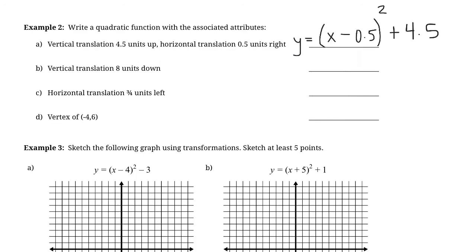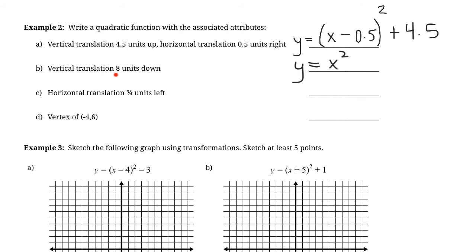In question B, we need to come up with an equation for a vertical translation 8 units down. So there are no horizontal translations given to us, so that means our equation is not going to have the same set of brackets that we saw in the first equation in question A. So because of this, we can just go ahead and write y equals x squared, but we do have a k value that corresponds to our vertical translation.